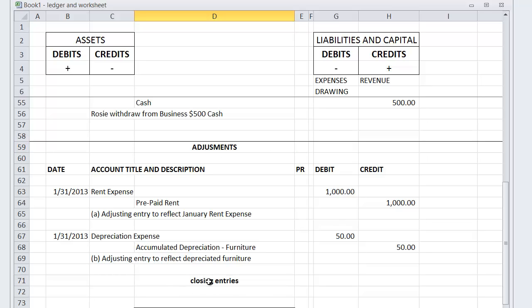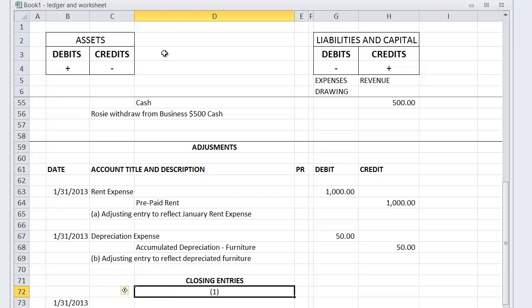These are nothing else. So on 1/31st, this is a real transaction. We have to close. So the first thing we're going to do is we're going to close these revenue to income summary. Remember that's the first thing we're going to do.